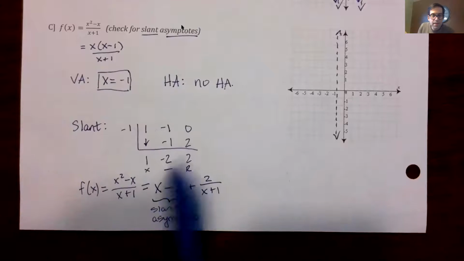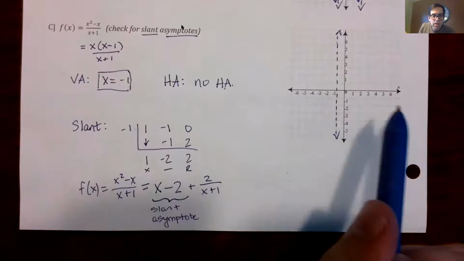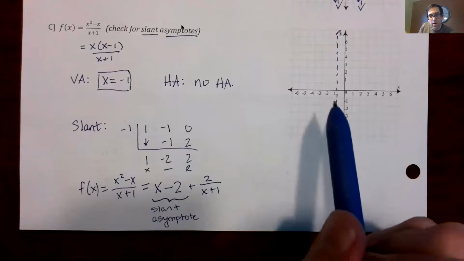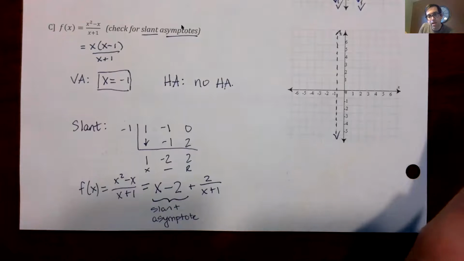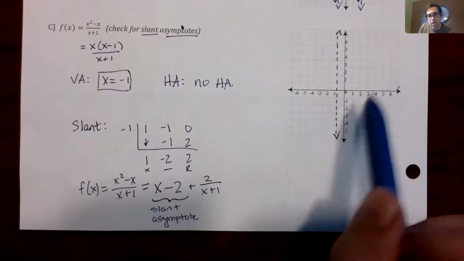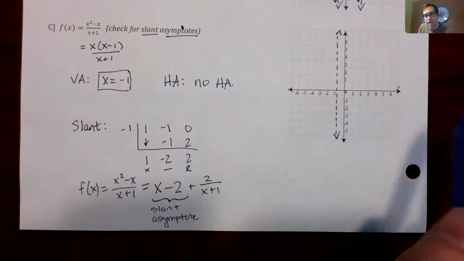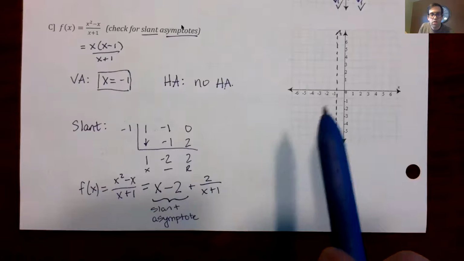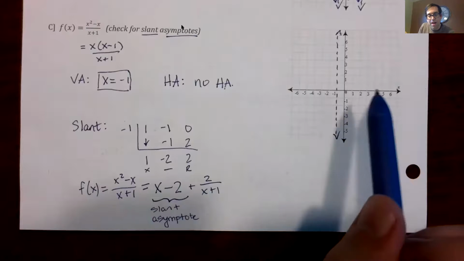And here's why. An asymptote that's horizontal or slant is thinking about end behavior, right? So it's like as we plug in bigger and bigger x values, so 10 or 20 or 30 or 100 or 1,000, it's all about what are we getting closer and closer to on the graph, right?